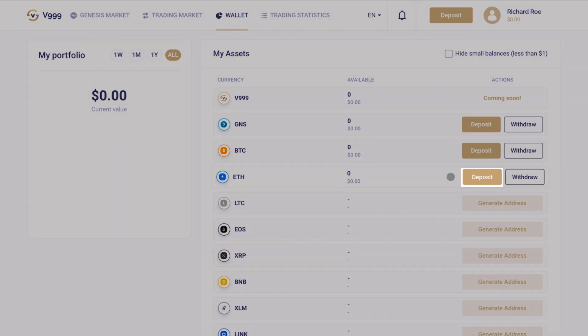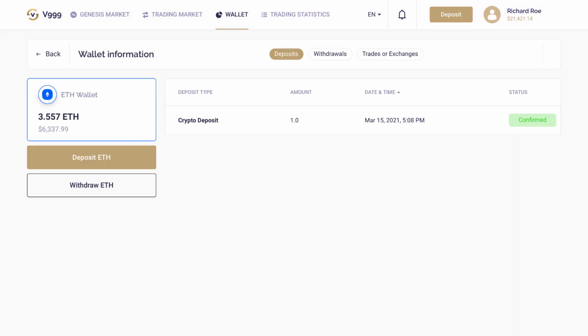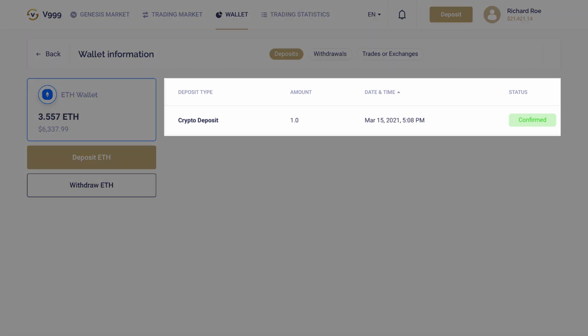To load funds, click on Deposit and copy the address that appears, or scan the QR code to send the desired amount. As soon as the transaction has received the necessary blockchain confirmations, you will find your deposit here in this overview.